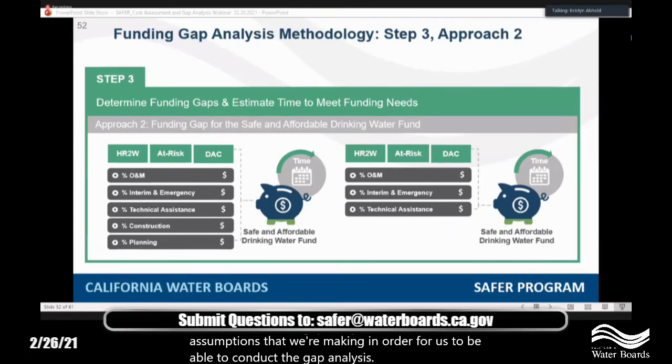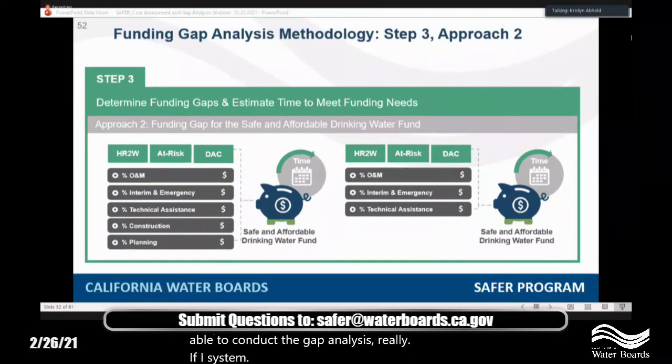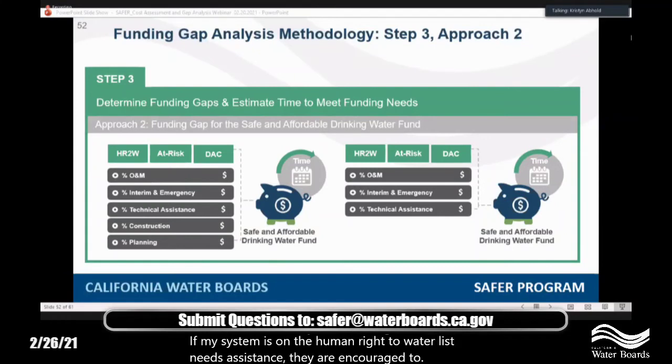If a system is on the human right to water list and needs assistance, they are encouraged to connect with DFA or with the Division of Drinking Water's engagement units, the Southern or Northern engagement unit, and they can help that system and that community start exploring what options are available and what funding assistance may be available. Affordability challenges are considered when funding agreements are made.